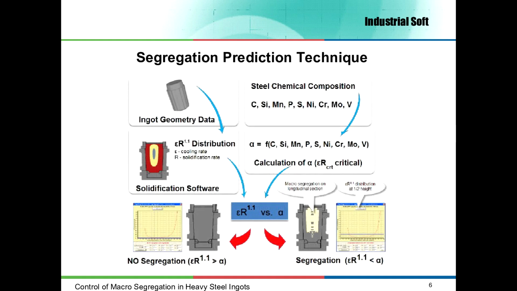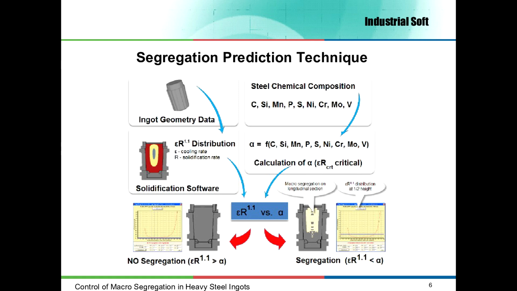This flowchart presents the macro segregation prediction technique we have developed and implemented in the segregation prediction module of the software. This technique is based on the Suzuki and Miyamoto method, the most used way to predict segregation in steel ingots. As you can see in this flowchart, there are two branches. The left one calculates by simulation the cooling and solidification rate.